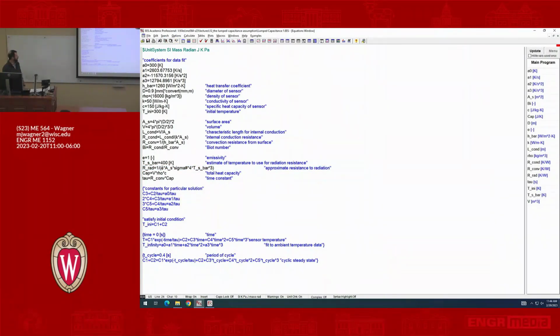So remember, radiation is emissivity, surface area, sigma, 4 T bar cubed. I think, incidentally, in the homework solution for homework 2, I had T bar divided by 4. So I think I fixed that with the new version that was posted, but if you saw that, my apologies.